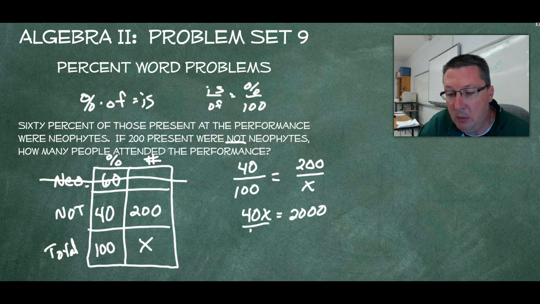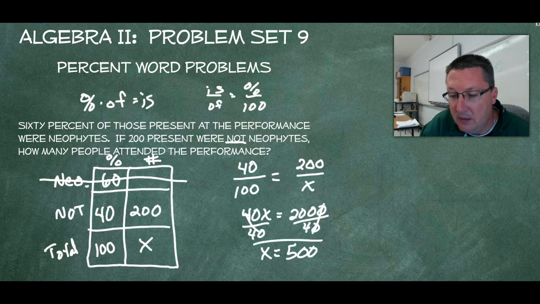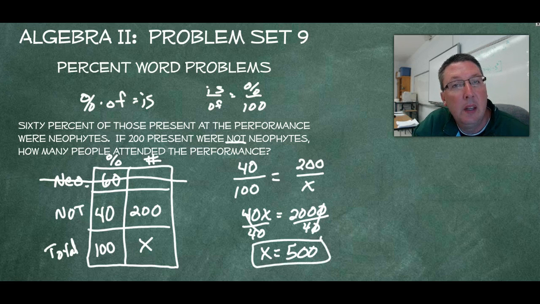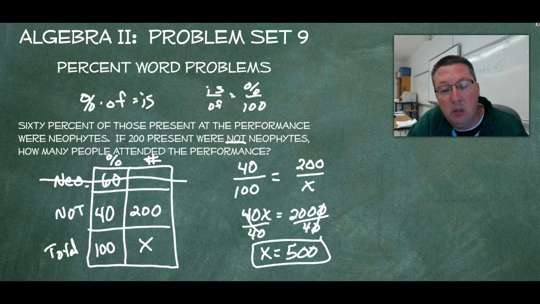Now simply divide by 40, and we should get 500. When we solve for X, that was our total. So there were 500 people that attended the performance.